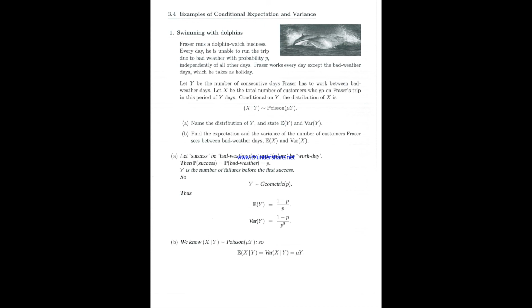So x would be equal to 15 when y is equal to 3. Likewise, you have to take the total number of customers who go on trips in this period y as the random variable x. You can see x is also changing, y is also changing, so both are random variables. So the first thing is we have to define the distributions of x and y.